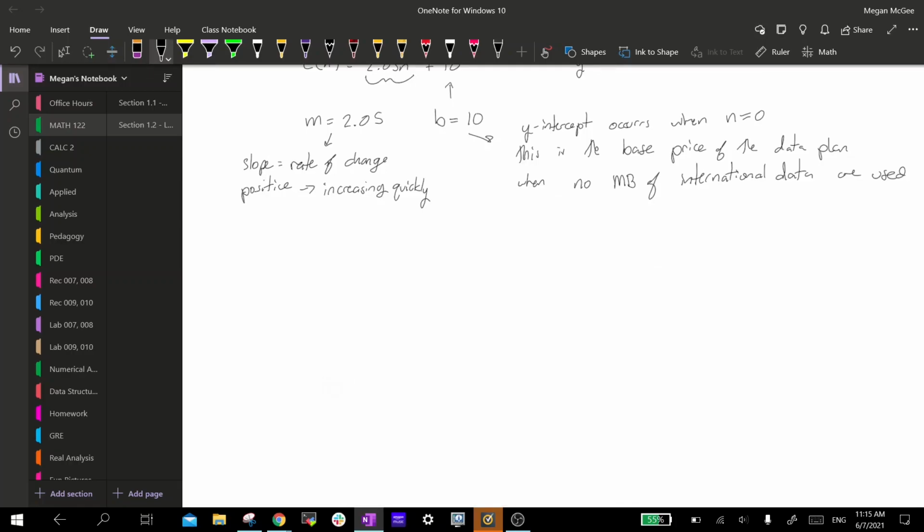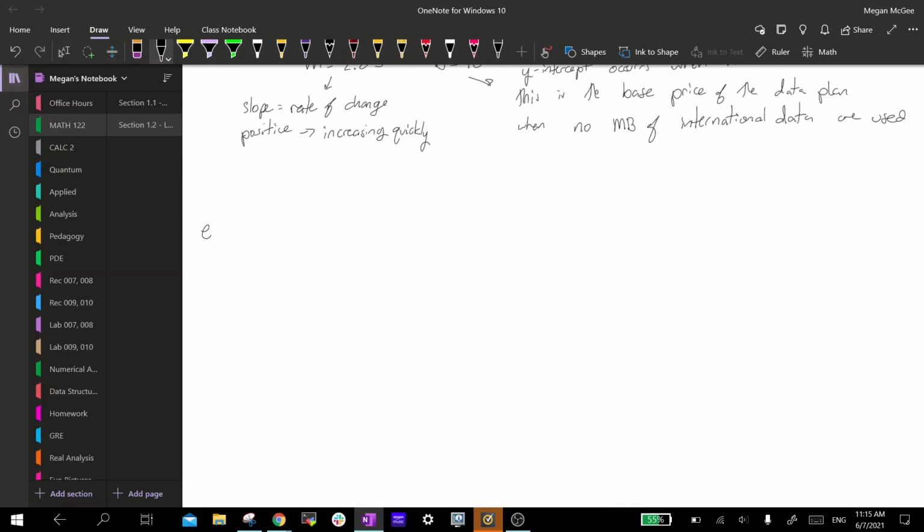So, earlier, we discussed one of the types of forms that a linear function could be written in. We discussed the slope-intercept form.